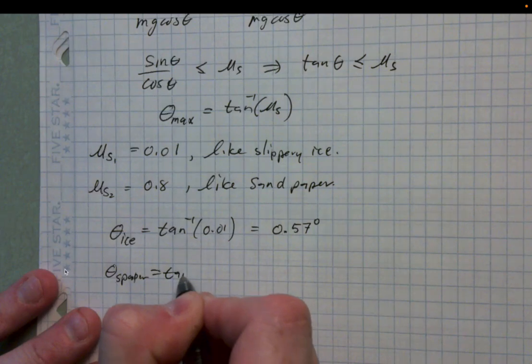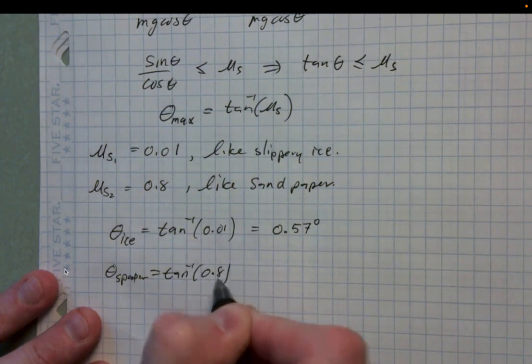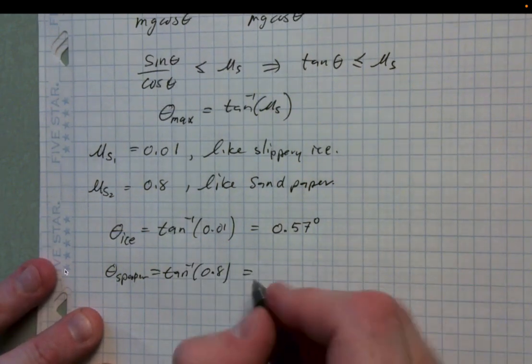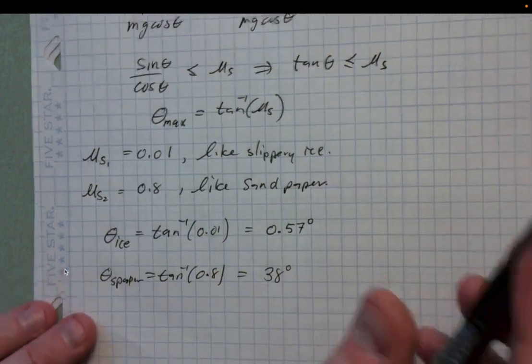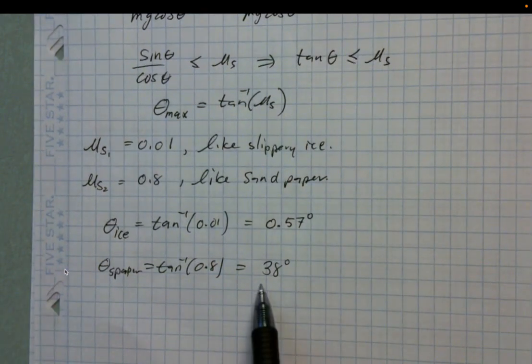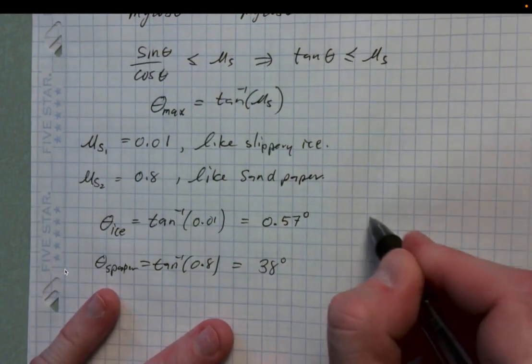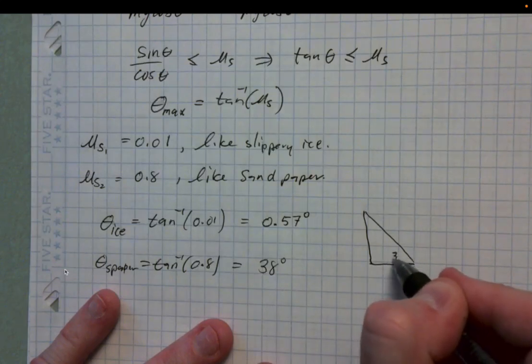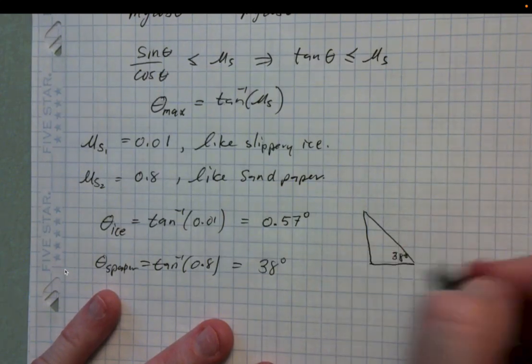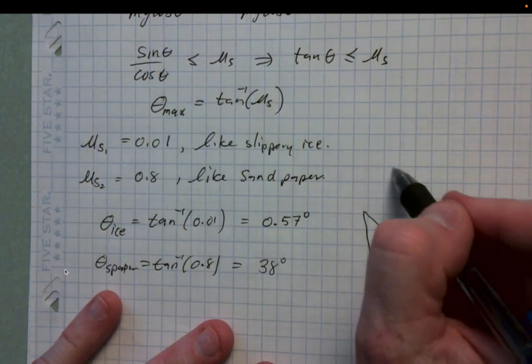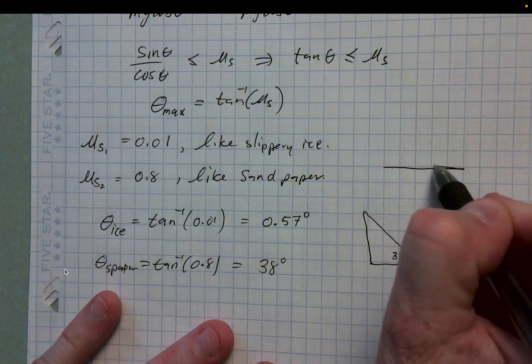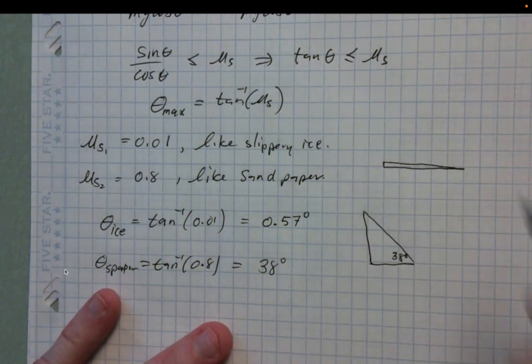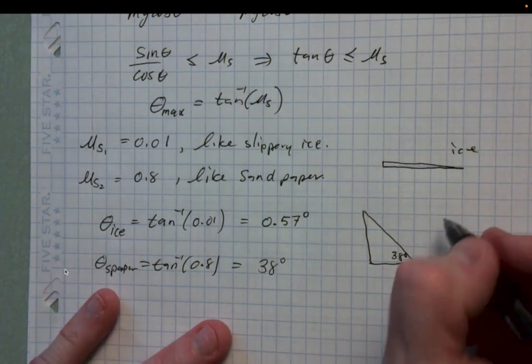Inverse tangent of 0.8 gives us 38 degrees. That's quite steep, maybe a little less than this. Whereas the ice is just the slightest inclination. This is all that you can handle with ice, and this is sandpaper.